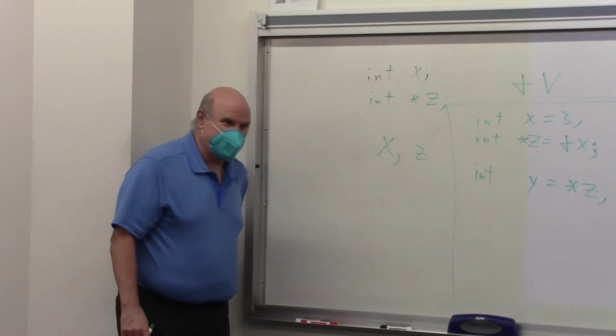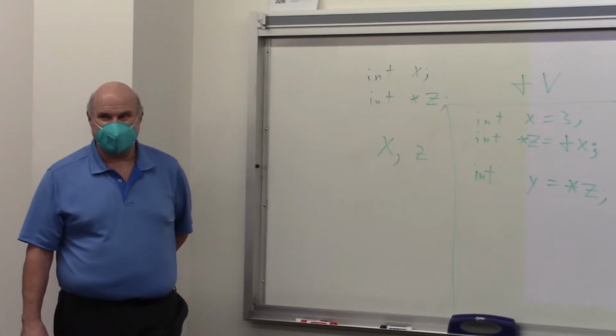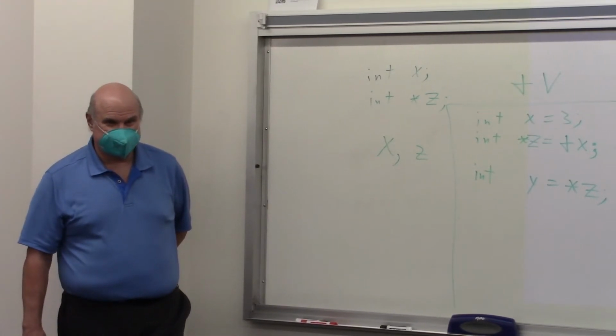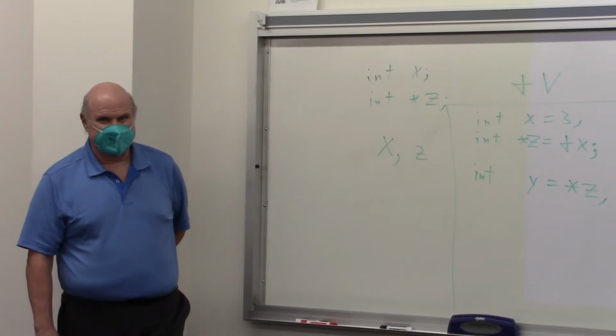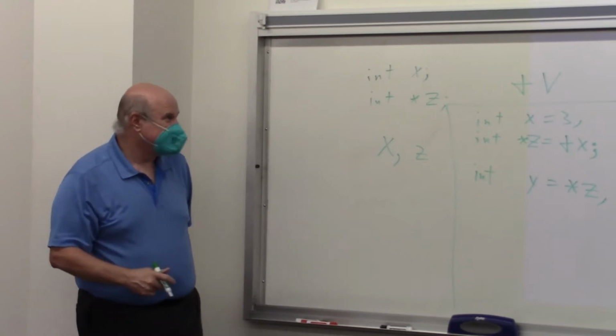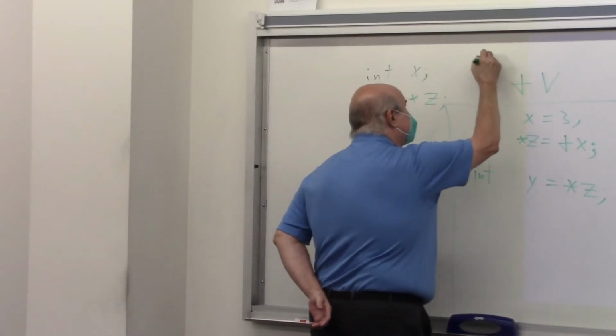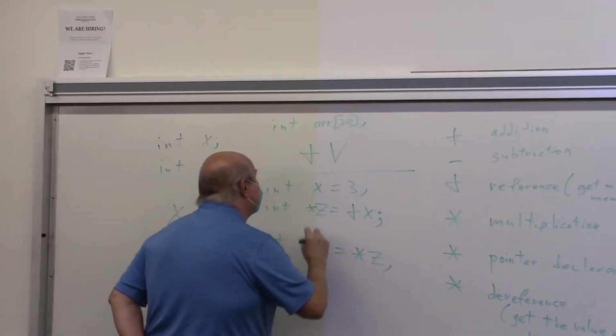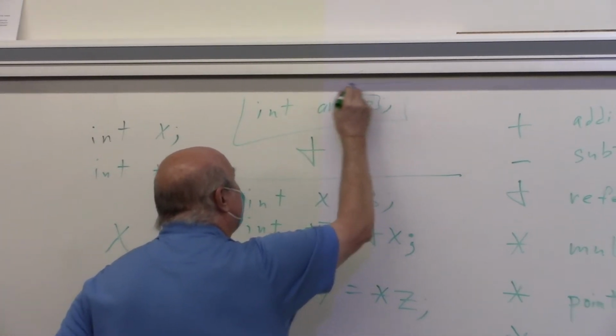An array, an unsubscripted array, is a pointer. It is a reference to memory. When you subscript it, so let's suppose you have int arr, pointer.